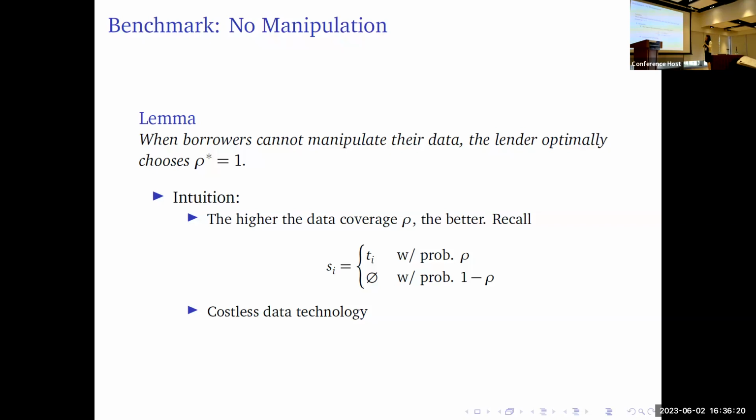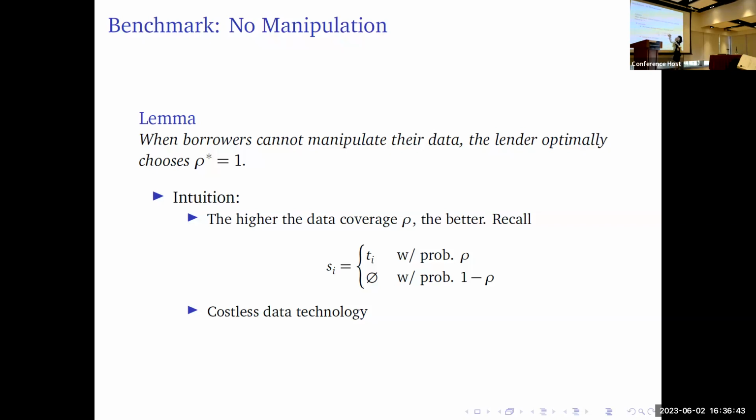It is quite simple. If the borrower cannot manipulate, then the signal, okay, this is the signal received by the lender, which will reveal information about the digital profile. If there's no manipulation, then the digital profile will just be perfectly aligned with the fundamental.